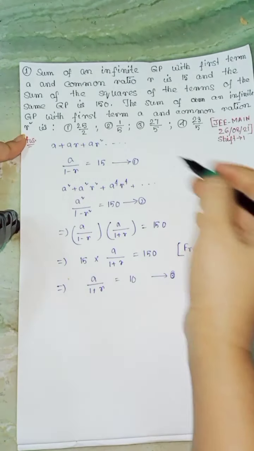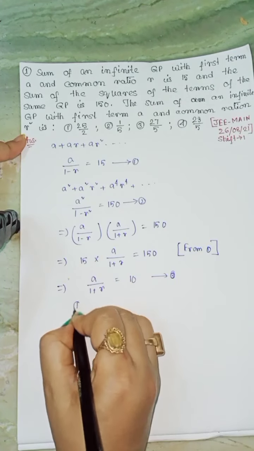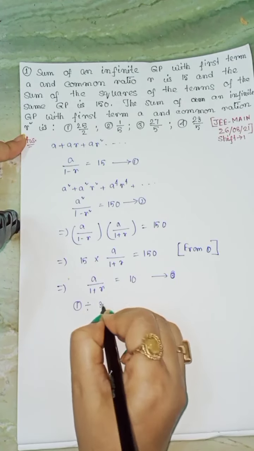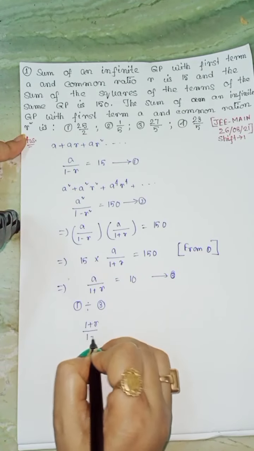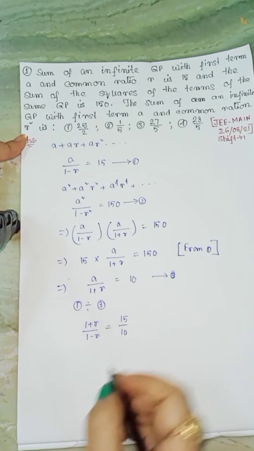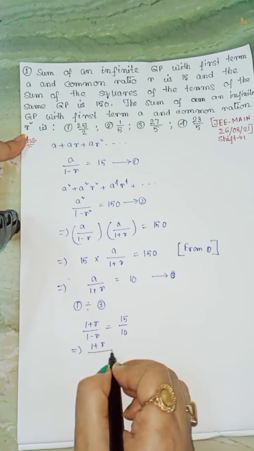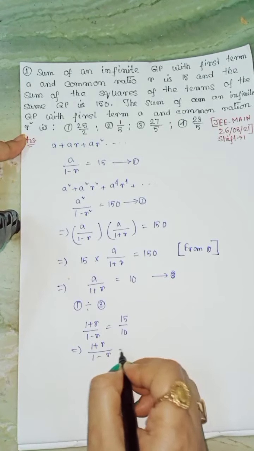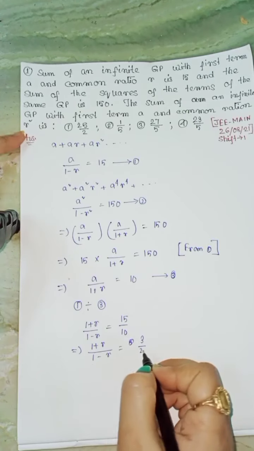Now dividing equation 1 by equation 3, we get 1 plus R divided by 1 minus R is equal to 15 by 10. That implies 1 plus R by 1 minus R is equal to 3 by 2.